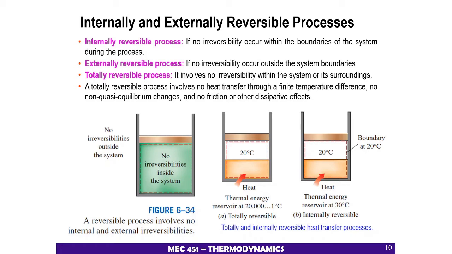So basically, a totally reversible process involves no heat transfer through a finite temperature difference, no non-quasi-equilibrium change, and no friction or other dissipative effect. So basically, for no irreversibility inside the system, you get no irreversibility outside the system. Okay, so this is our assumption for the reversible process.